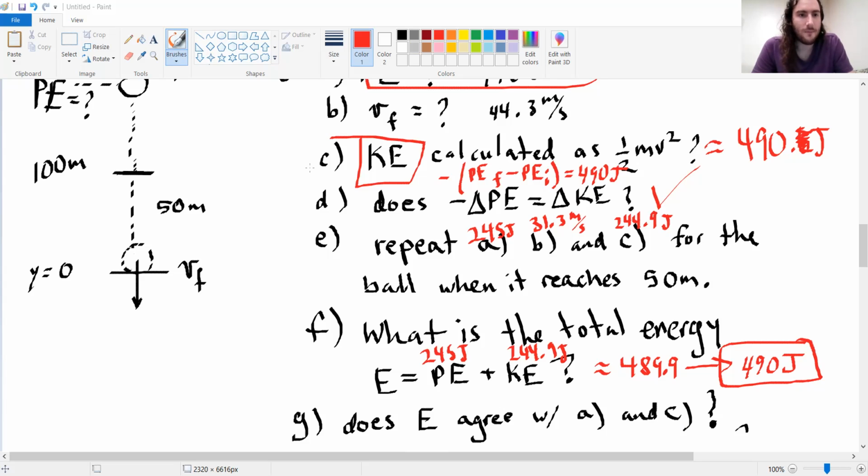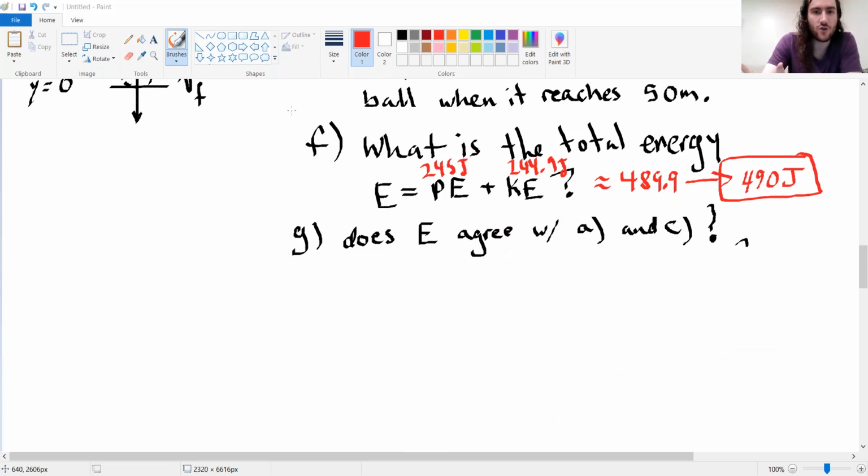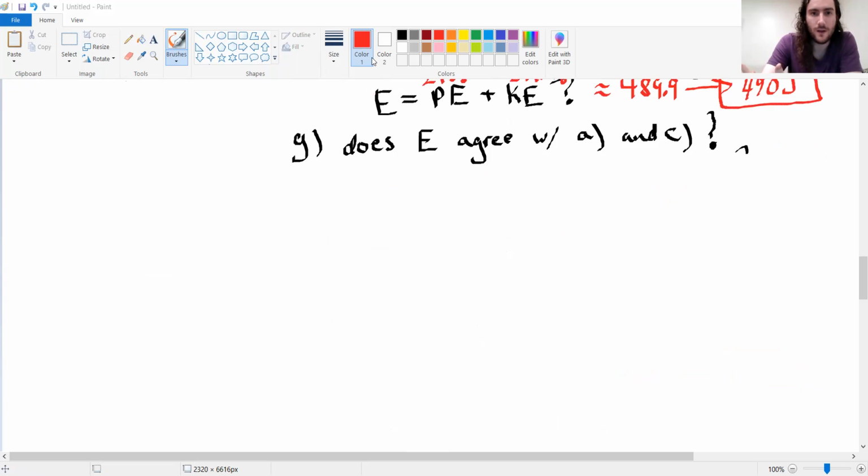Can you explain again why minus delta PE equals delta KE? Yes, it has to do with the fact that the law of conservation of energy tells us we can't create or destroy any energy. And we started by developing this idea of work, and this net work that we do on an object adds to that object's kinetic energy.